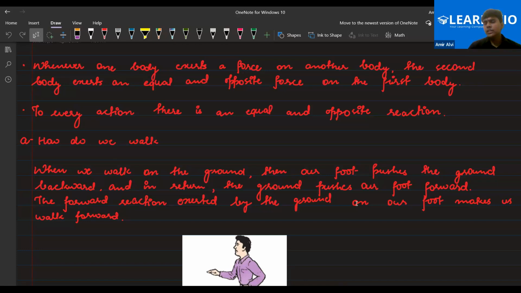One more thing I've seen in the revision test: most of you have attempted the conceptual question, but the explanation is in very basic language, like "it is due to equal and opposite reaction". You have to tell the specific points, like this point is happening in this case, so that's why we are able to move.